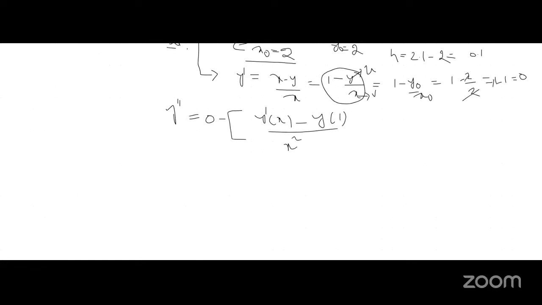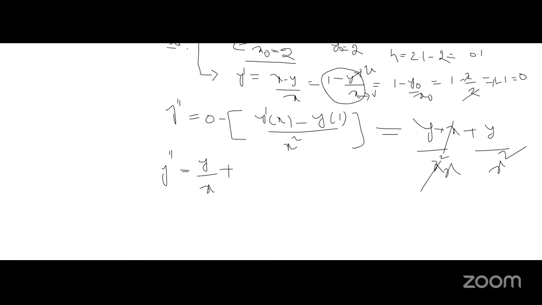That gives minus y dash by x plus y by x square, and one x gets cancelled. So y double dash equal to minus y dash by x plus y by x square.